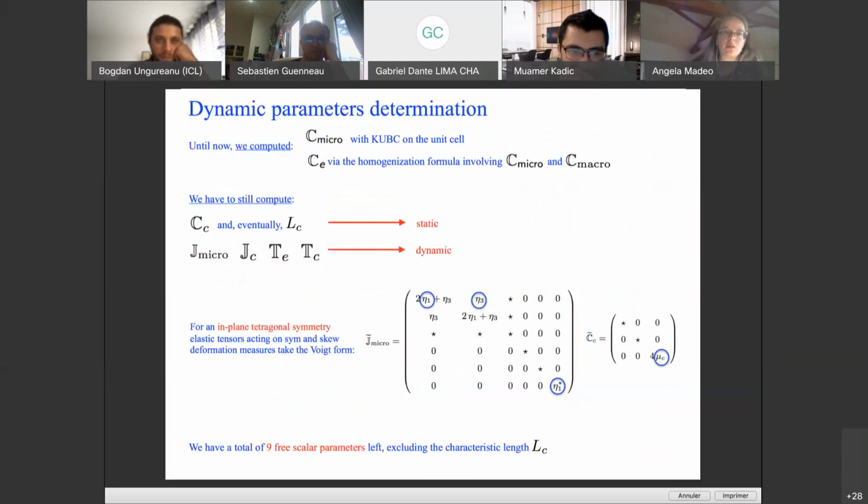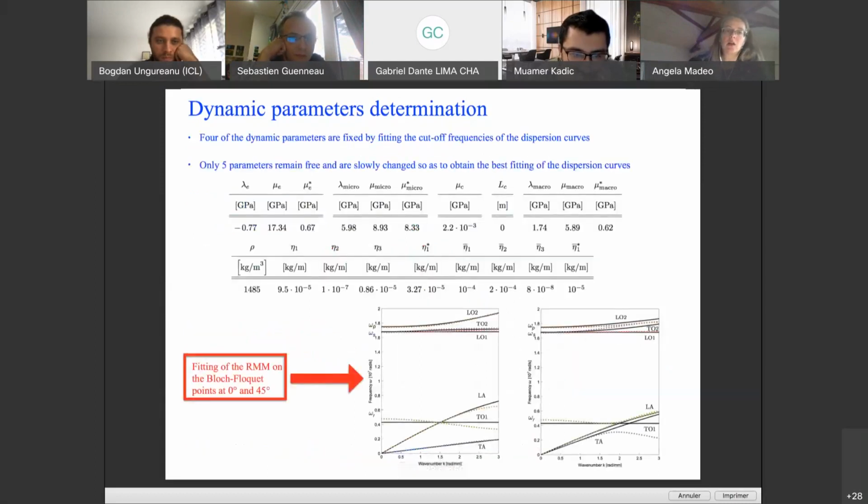Maybe I will go a little bit quicker. We have determined C micro and CE. We still have to compute a lot of other tensors that were in the energies. And if we take the tetragonal symmetry, we can count how many of these parameters are left. They are 9. So we have 9 parameters which are still free. How do we fit them?